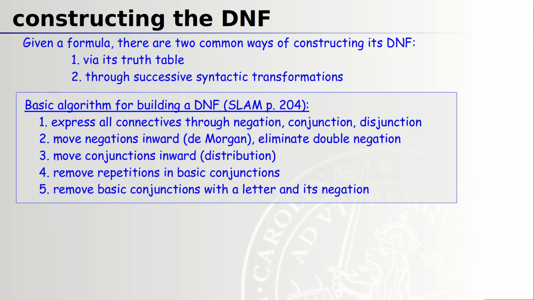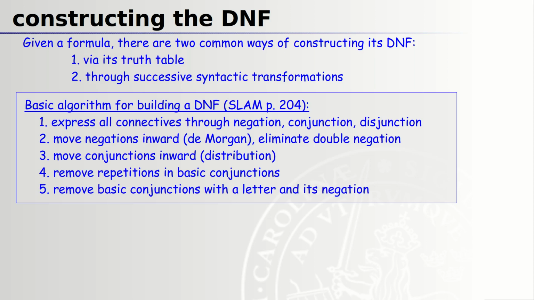First, all connectives that aren't and or not need to be replaced by combinations of those. Then we use De Morgan rules to move negations inward, eliminating double negations on the way. Then we move conjunctions inward.